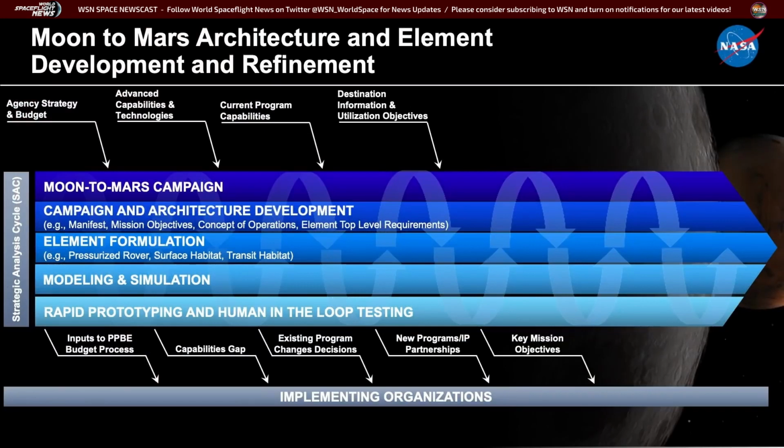And that cycle, the strategic analysis cycle, works along really 5 elements. First, it balances all that in the entire Moon to Mars campaign. It looks at specific parts of that campaign and how the architecture is developed around the concept of operations or mission objectives. We look at specific formulation of elements of all of the goals that are input.